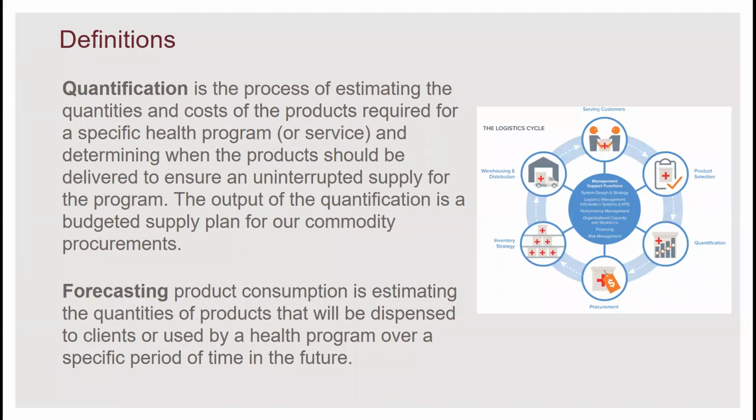Some of the important takeaways are that the forecast only refers to the expected future consumption of the products, and that the supply plan that results from the overall quantification process will include the quantities we actually need to procure. Remember that we will cover supply planning, including for individual products and kits, during part 3 of the quantification webinar series.